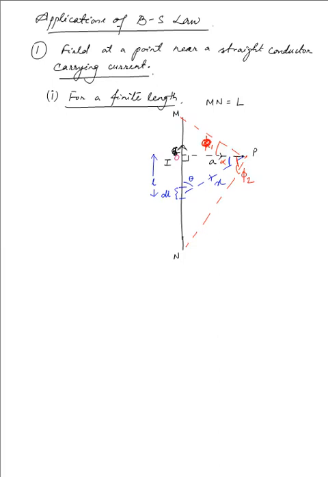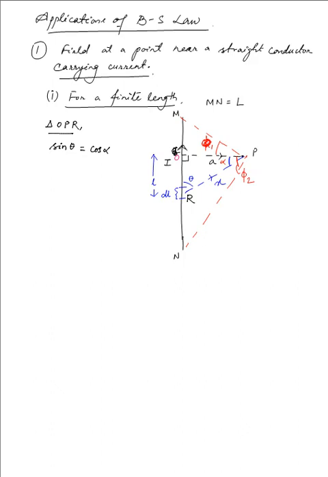Let us name the point here to be R. So we have a triangle now, OPR. In that triangle, what we find is triangle OPR is a right angle triangle, of course, and we find that the sine theta that we are going to need for Biot-Savart's law is also equal to cos alpha, because alpha is the other angle apart from the 90-degree angle.